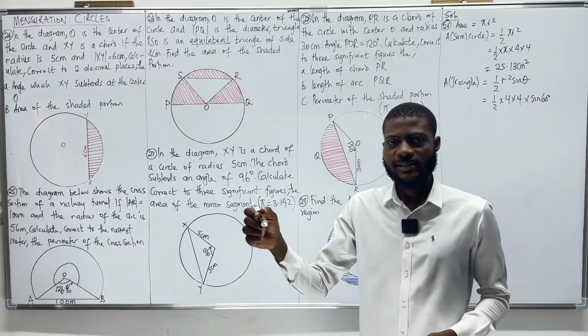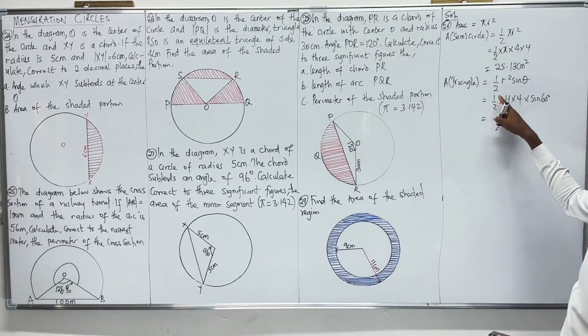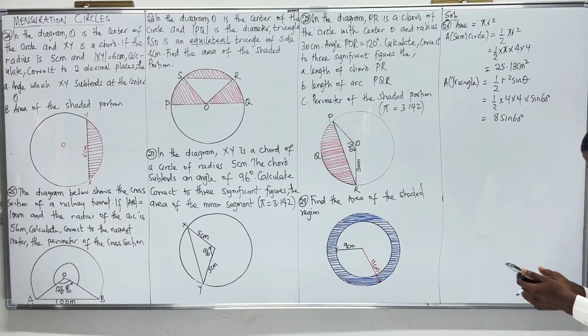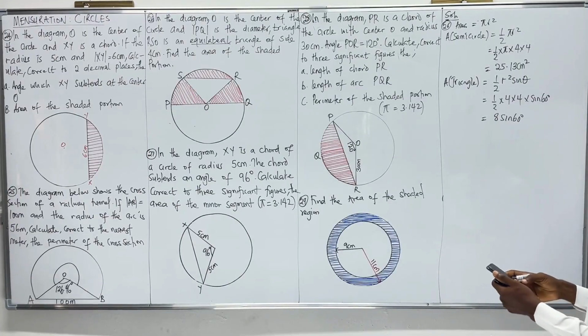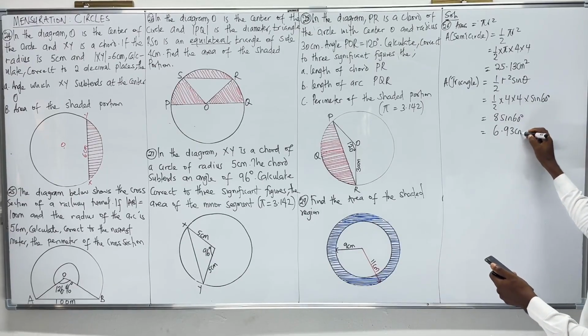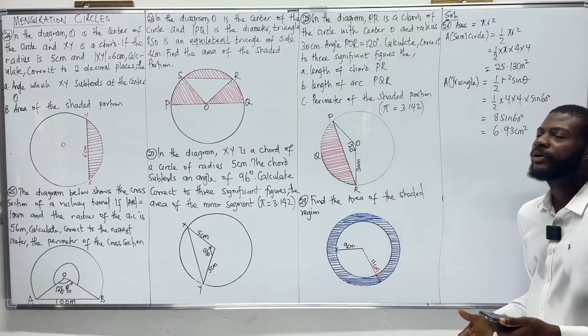So that's 60, 60, 60. So this will then become 8 sine 60 degrees. All right. So this will be 6.93 centimeters squared.